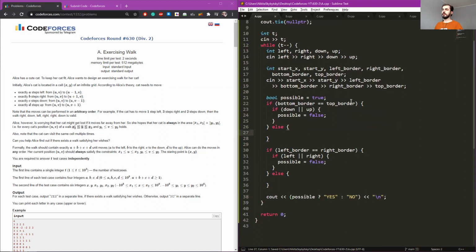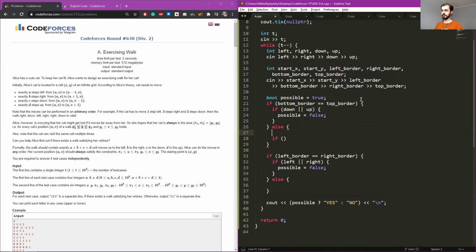Okay, so here the bottom border is different from the top border, and what we are interested in is shift x equals right minus left. So how many moves it has to make in the end, overall.